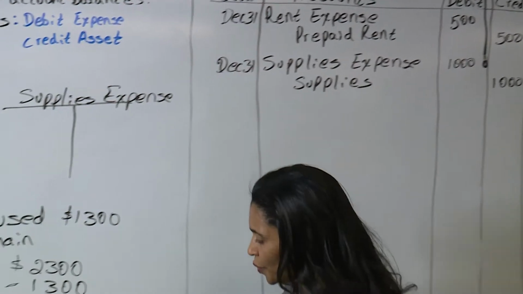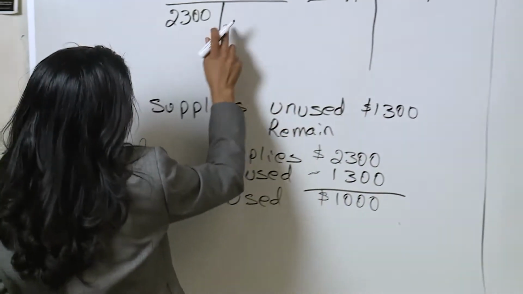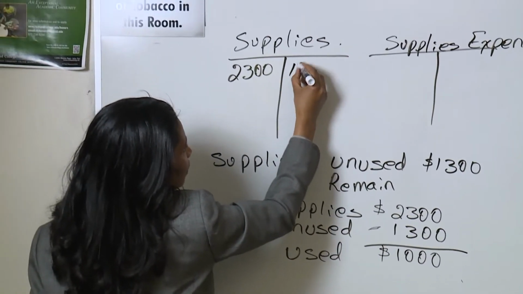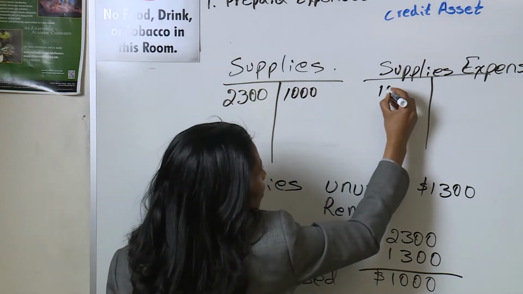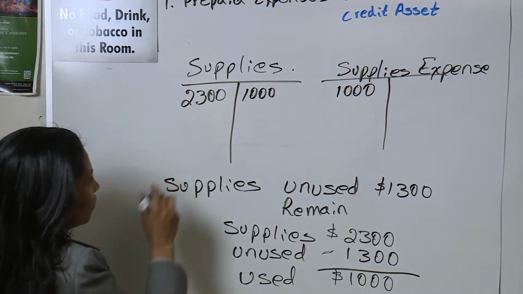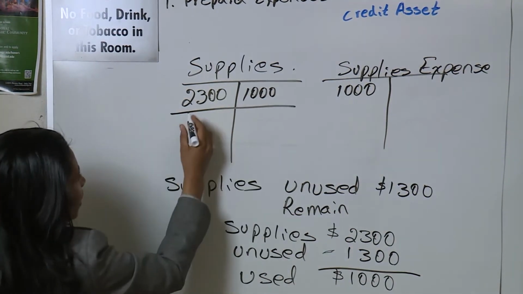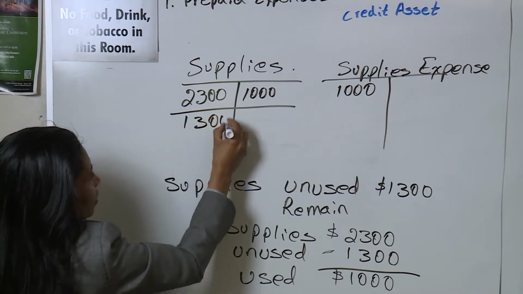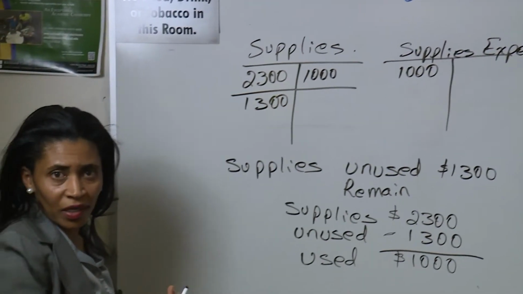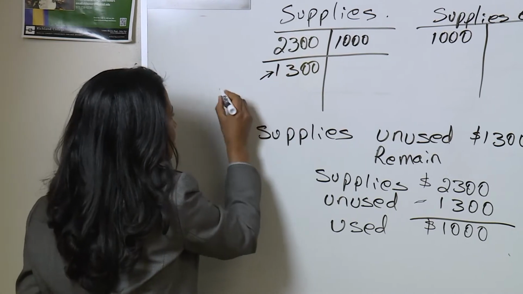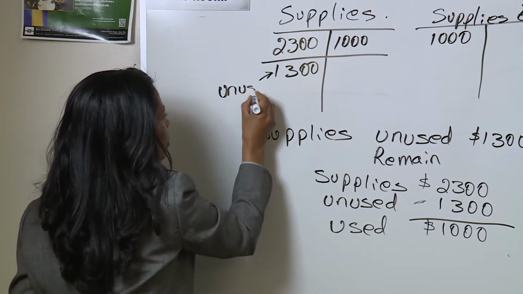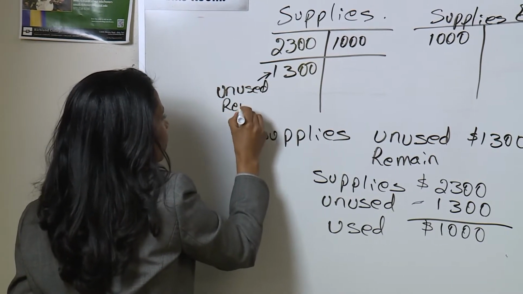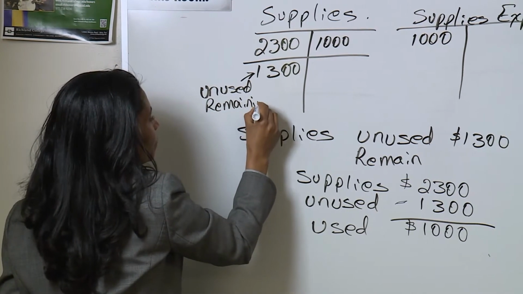So just to show you, if I put that in here, I'll have 1,000 and 1,000. That's the journal entry if I post it. Then I'm left with 1,300, which I actually have. Remember, this is the unused or the remaining from the information given to me.